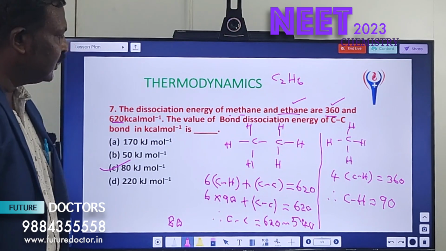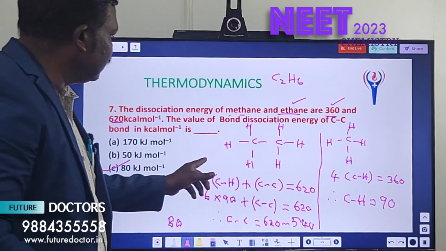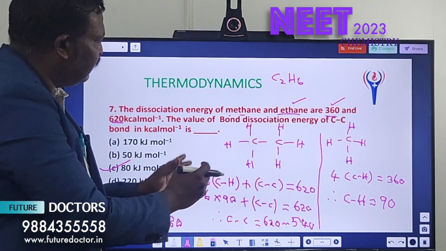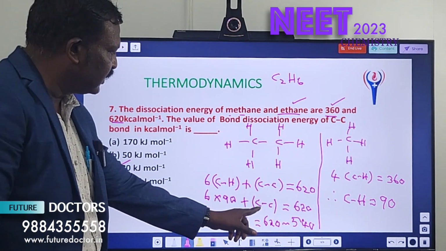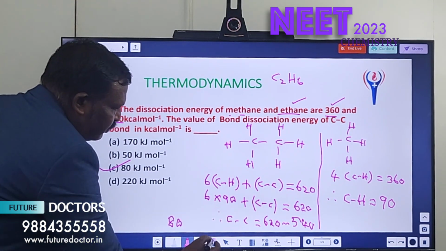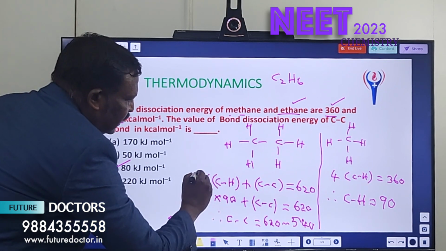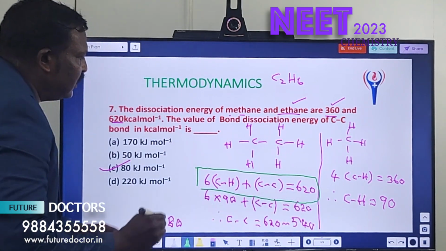Are you following? So if we find out the 1 CH bond value, we substitute it here, and then we can find out the CC bond for ethane also. Understood. This is very, very important. In ethane, if you want to break all the bonds, the value is 620.